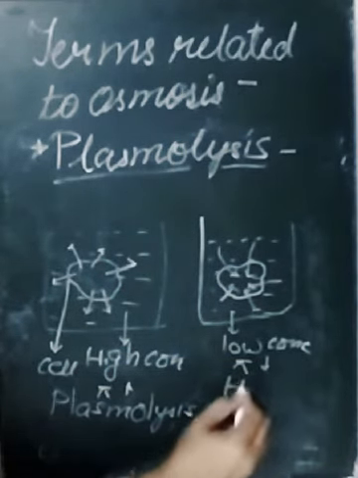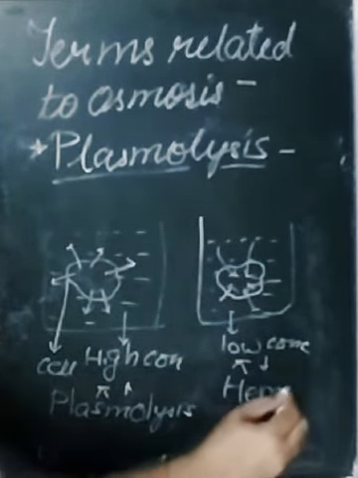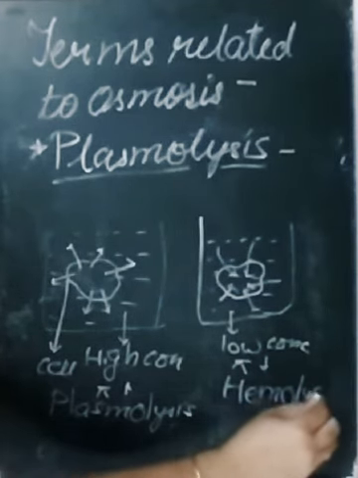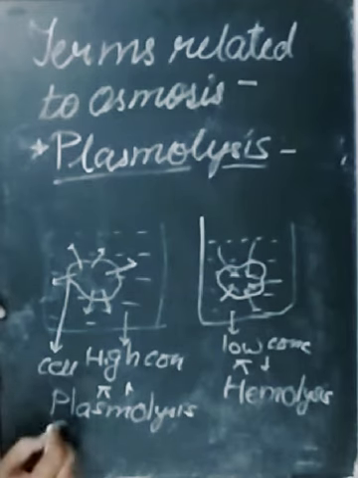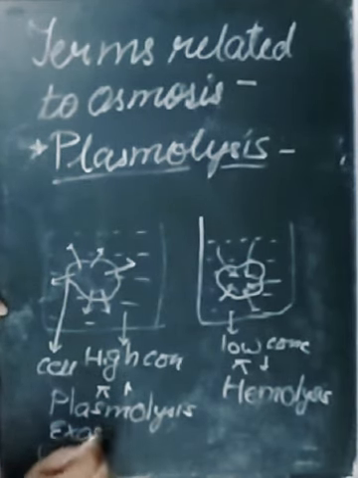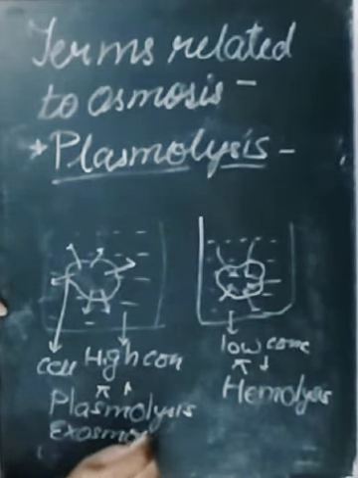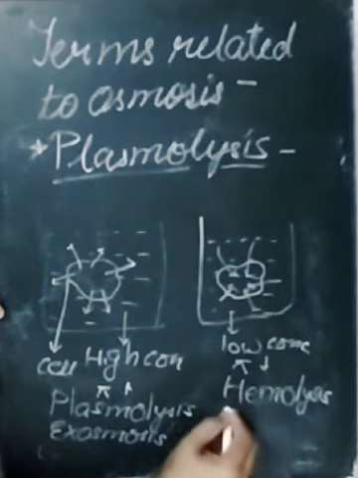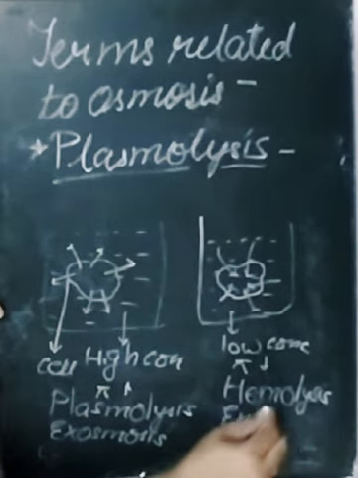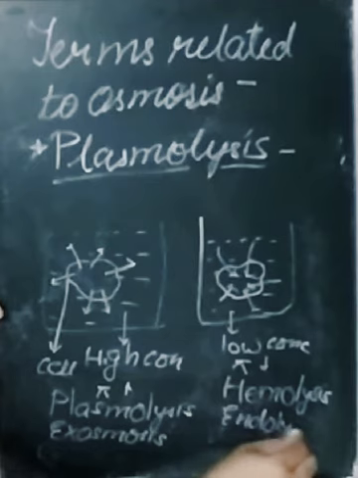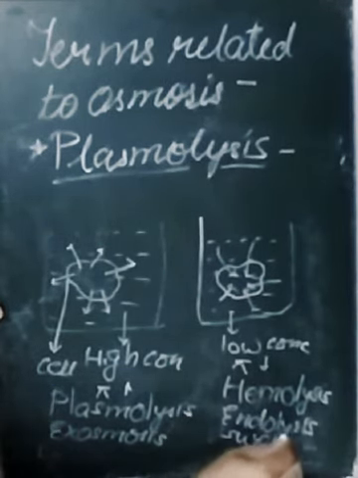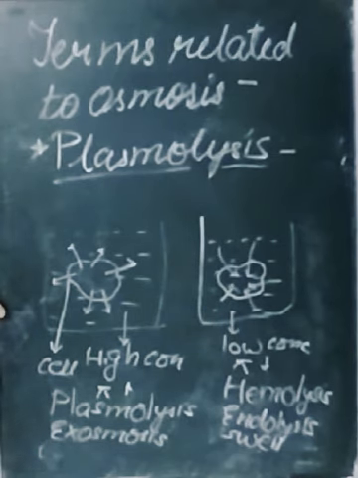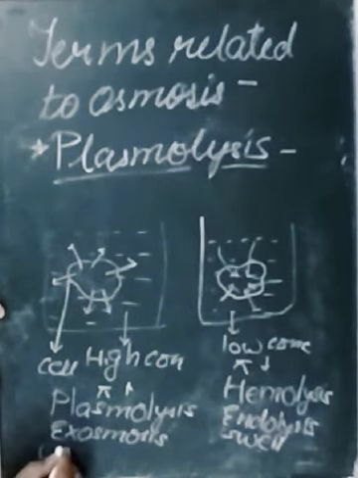So this is hemolysis. In case of plasmolysis, exoosmosis takes place; in case of hemolysis, endoosmosis takes place. In hemolysis the cell swells, whereas in plasmolysis the cell shrinks.